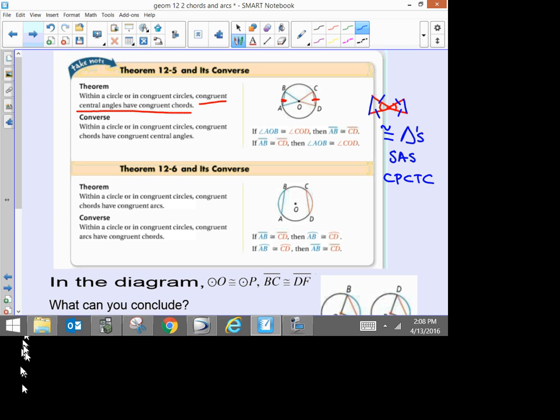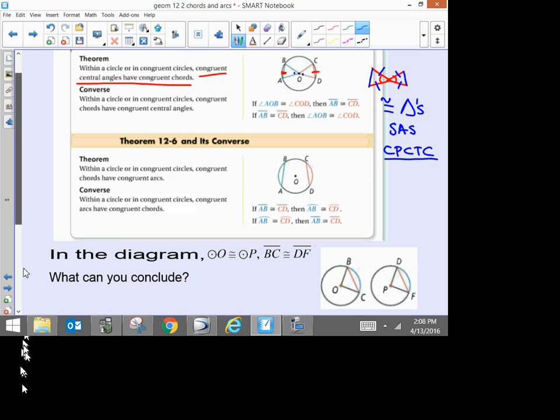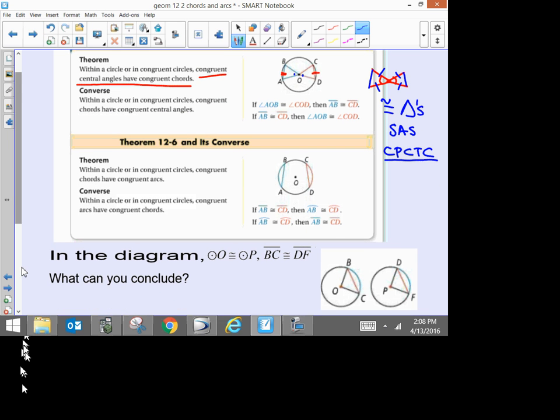Okay. So that's the long story, but now that we know this, we can just go directly from congruent angles to congruent sides of those segments. Vice versa, if you have the segments congruent, the central angles are congruent. All right, what about here? We've got congruent chords have congruent arcs.